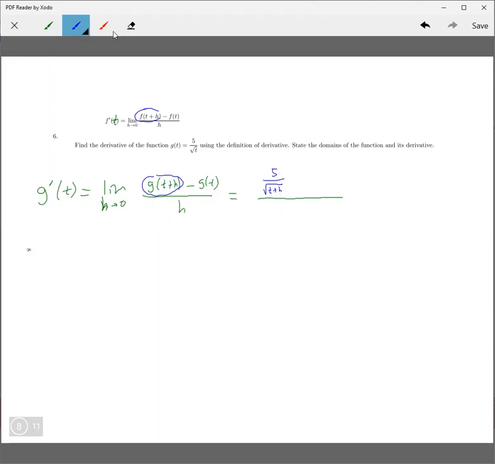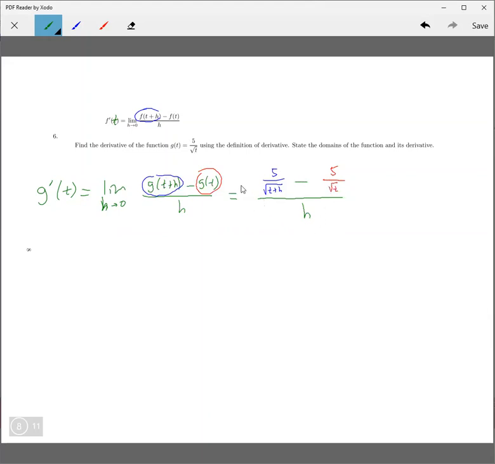And then you subtract, and then this piece is just going to be that 5 over the square root of t. And then, of course, the h just carries through. So you want to be very careful about plugging these things in. Everywhere over here, you replace the t's with t plus h's. Over here, it's just copy this down right there.